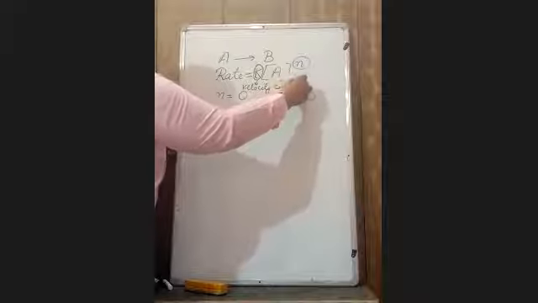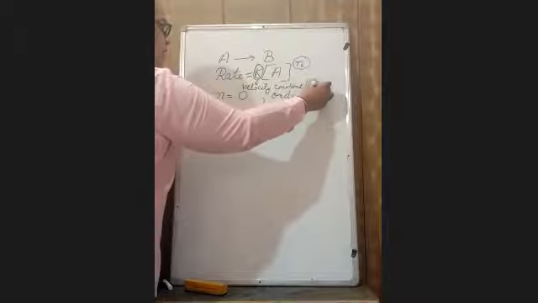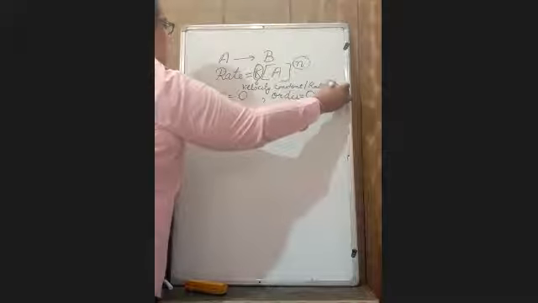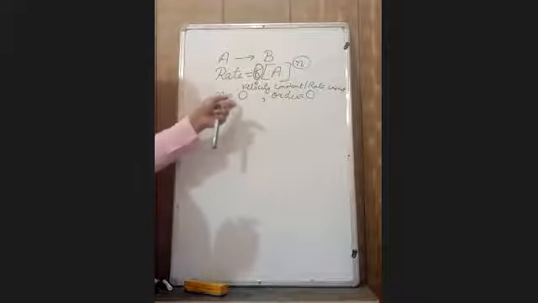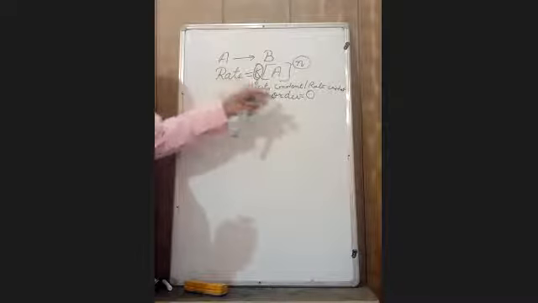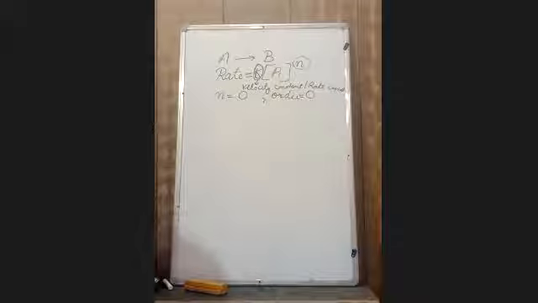This is your rate constant or velocity constant. If suppose in this reaction it is given to us n is 0, it means order is also 0.